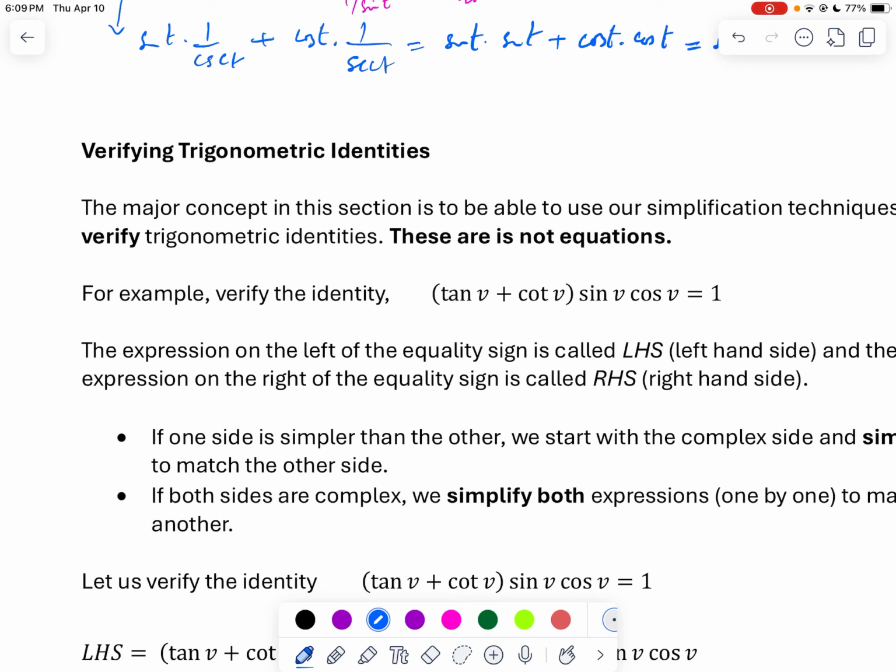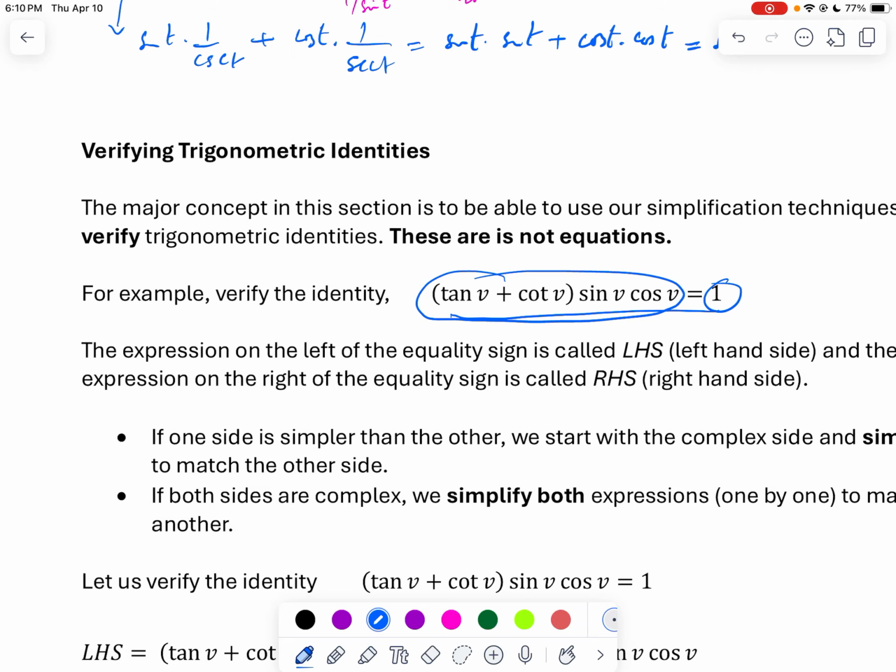Although there is an equal sign and it looks like an equation, these are not equations. So how do we verify these identities? For example, we have to verify this identity, which means we have to show that this side and this side are the same.